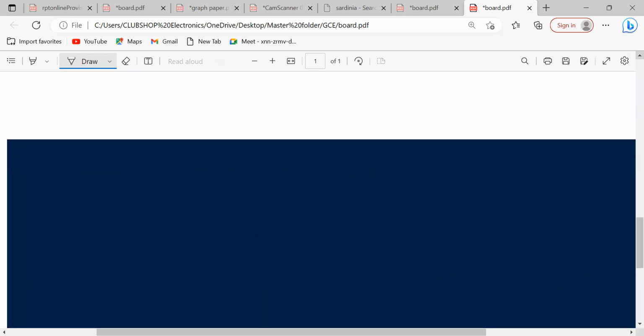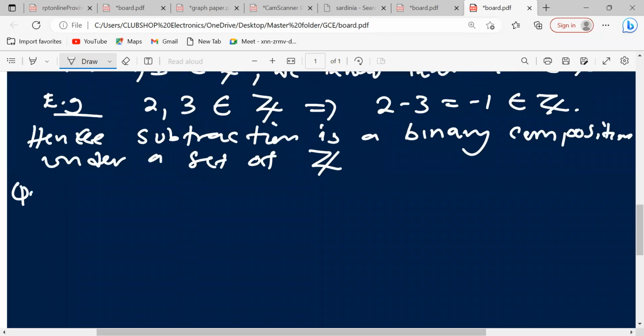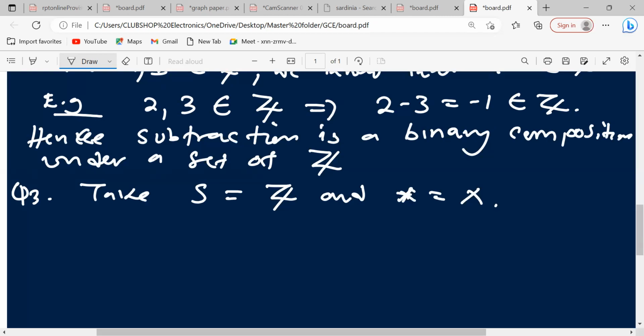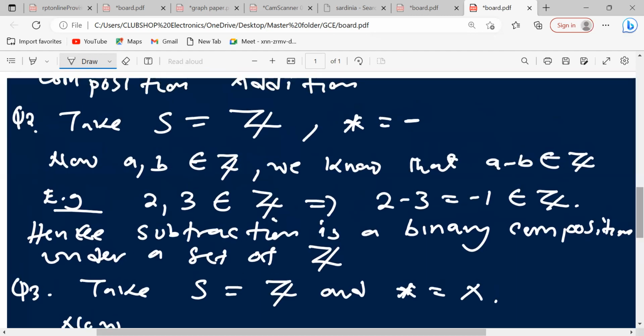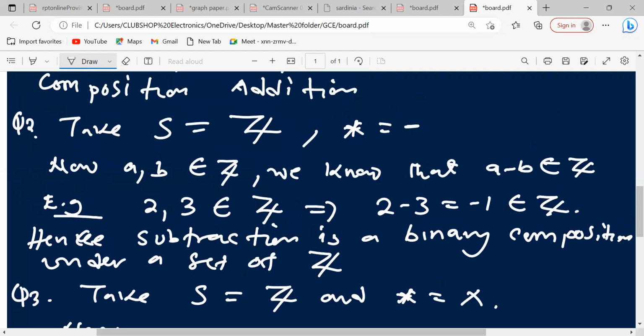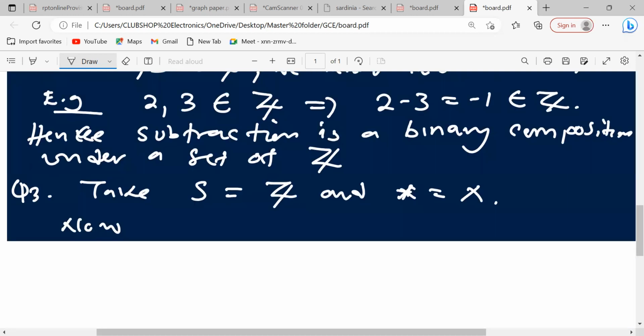We look at another example. Maybe we take our S to remain as Z, the set of integers, and our operation that we are going to consider is multiplication. Here please take note, it's supposed to be for every A and B in Z. It's very important. Every.